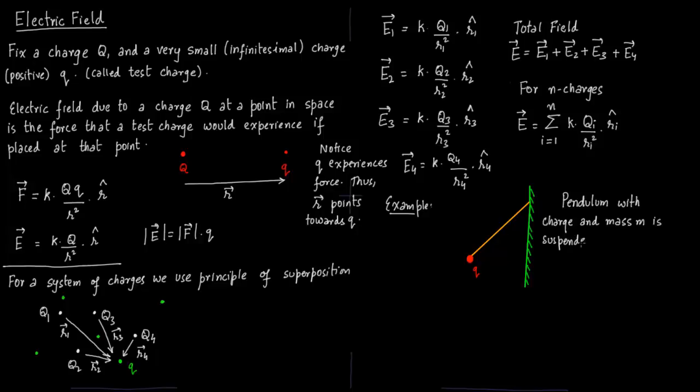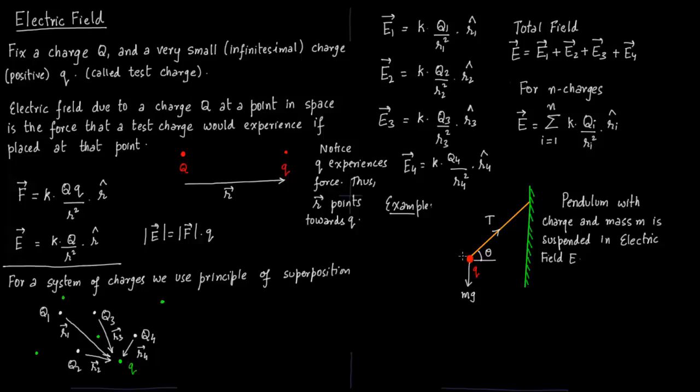So the pendulum has charge q, a mass m, and is suspended in a field with some strength. So say the strength of the field is E. So say the string of the pendulum makes an angle theta with the horizontal.